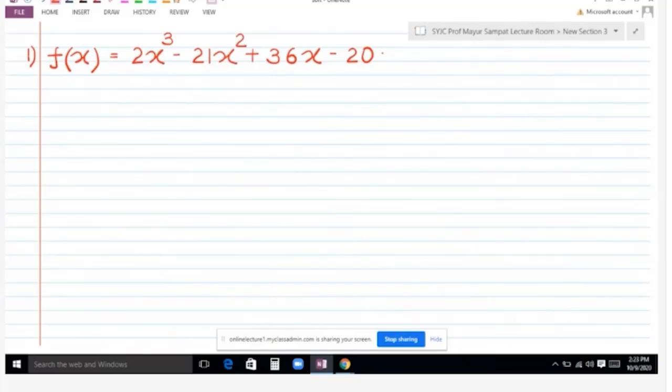Differentiating both the sides with respect to x.